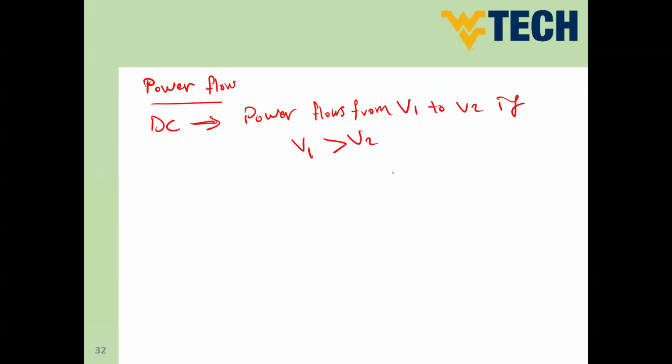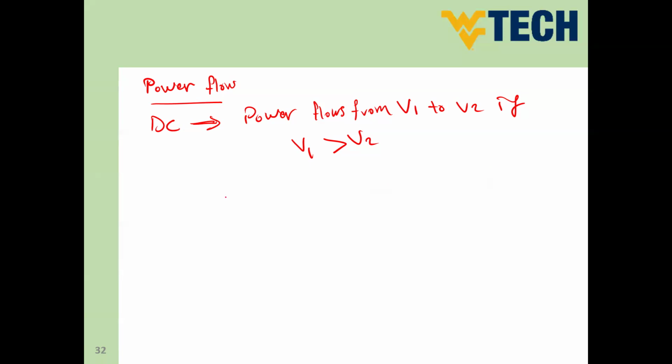The condition of AC is the supply has to lead the load. So the power will be transferred from V1 to V2 by controlling the power factor, by controlling the reactive power flow, not by considering the voltage magnitude only.